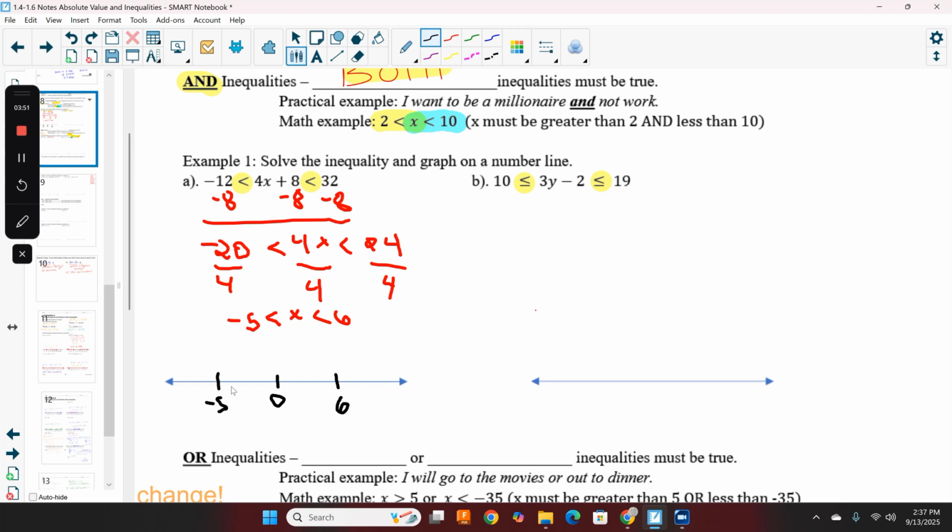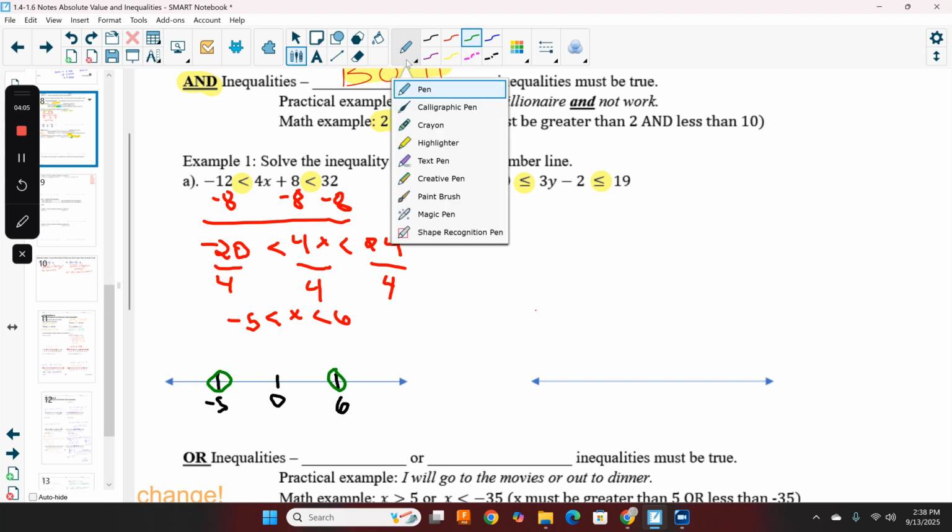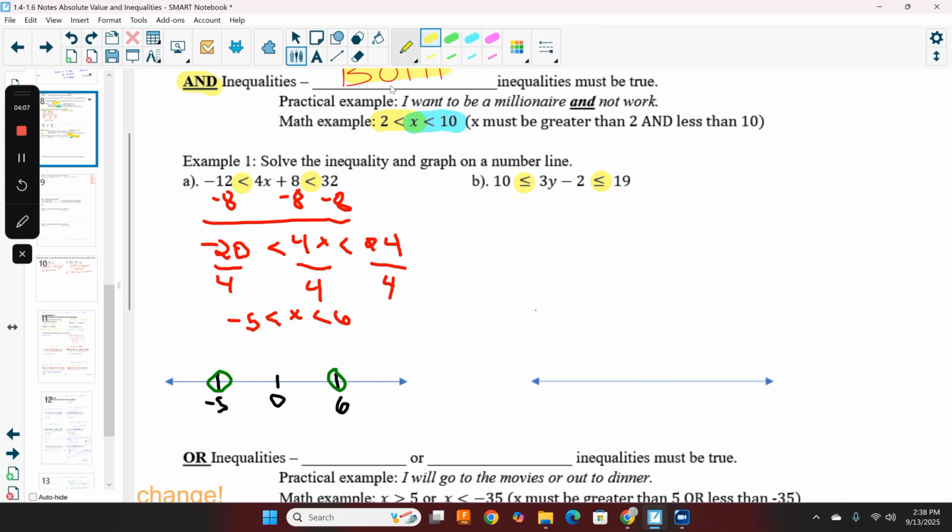So when I go to graph this then, I'll have open endpoints. That's open. That's open. Now if we think about that highlighter thing that I was doing before, all the numbers, again, x is greater than negative 5, so that's all of those numbers.